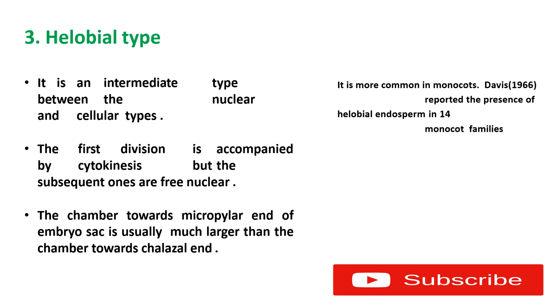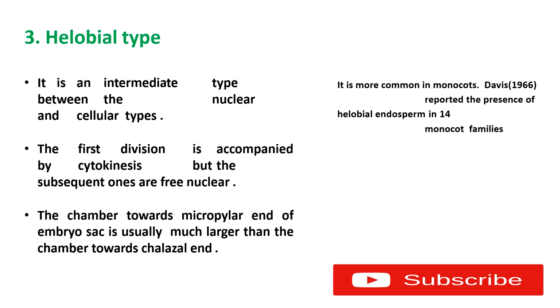And the chamber towards the micropylar end of the embryo sac is usually much larger than the chamber towards the chalazial end. I told you that the first division undergoes cell wall formation, or cytokinesis, so that it becomes two-celled.